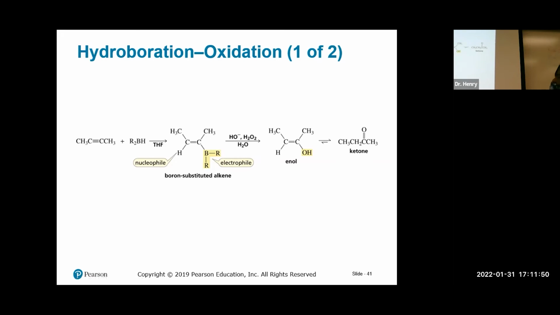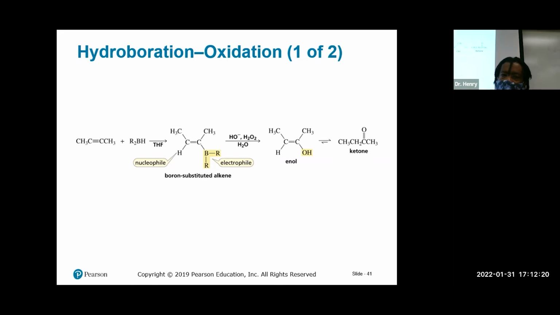And I don't remember what THF is. I think it's tetrahydrofluorine.